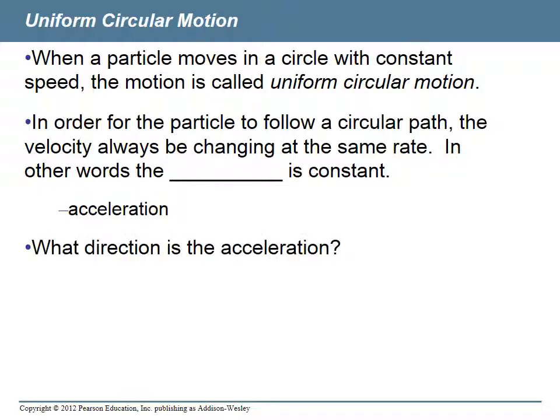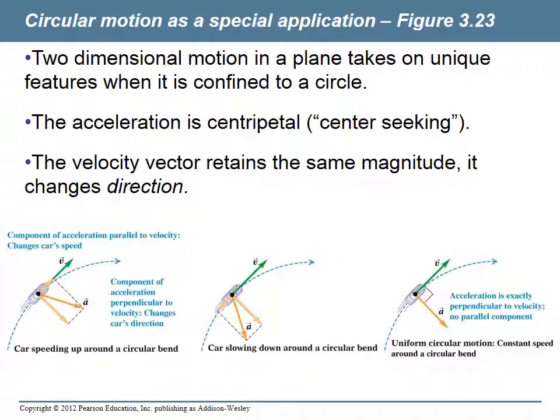Now, what direction is this acceleration? We talked about this a little bit ago. The direction of the acceleration must be perpendicular to the velocity, right? And we said it can be either in or out, and if it's staying in a circular path, it must be inward, toward the center. So that's the direction of the acceleration here.